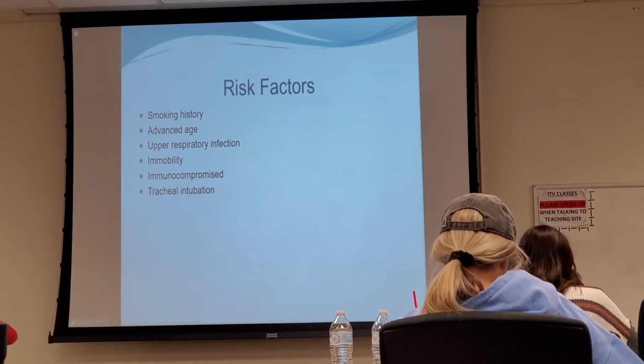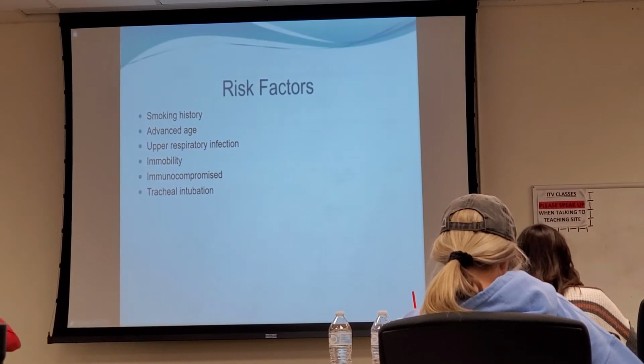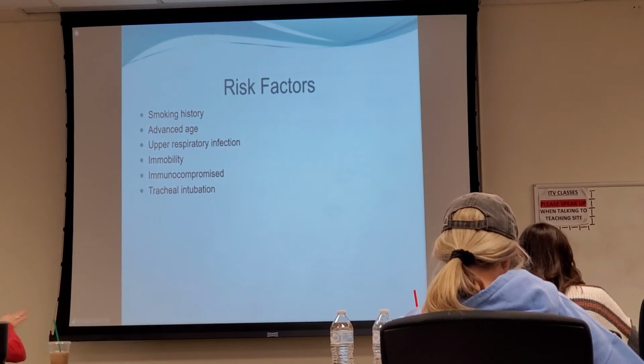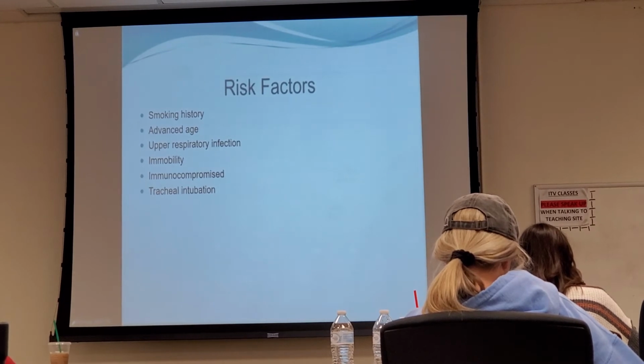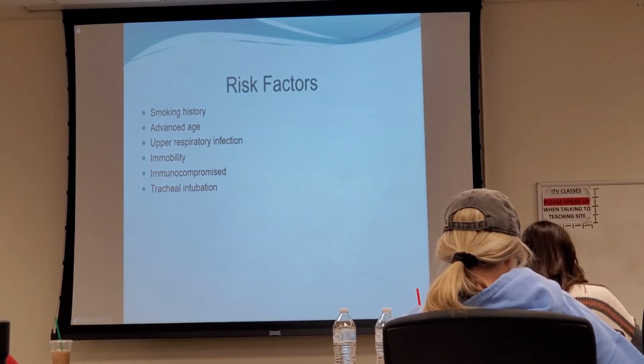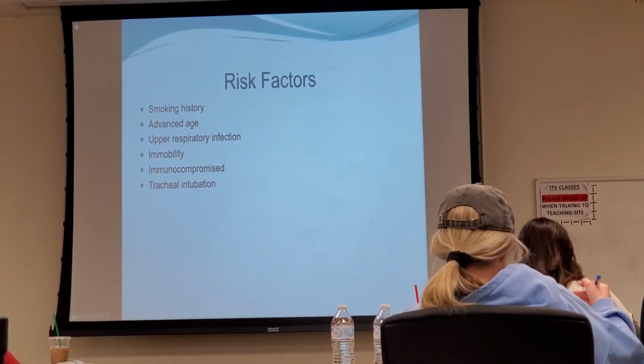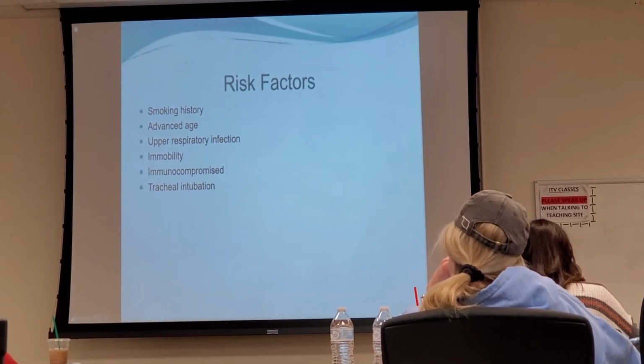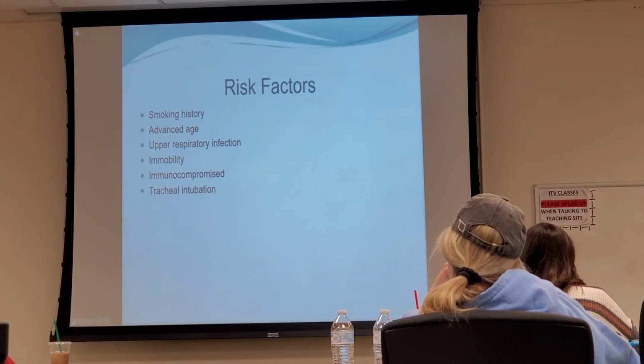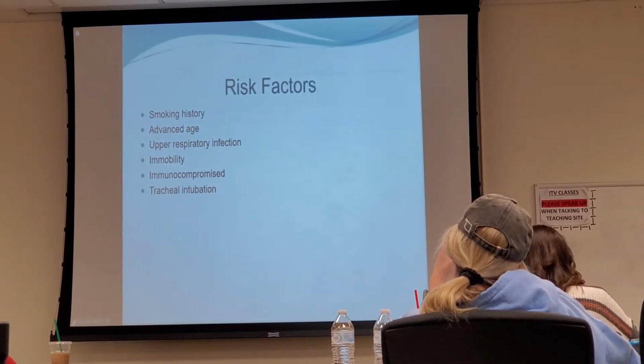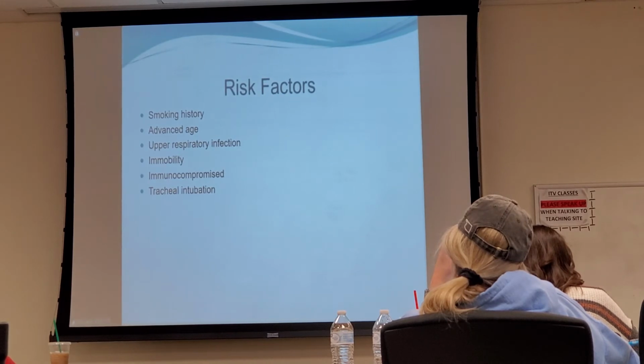And if that collection of saliva and oral bacteria finds its way past that cuff, then it also can set off a pneumonia. So there are very specific things we do when somebody has been intubated to protect them from pneumonia. And there's even a special name, and Iggy talks about ventilator-acquired pneumonia, or VAP.